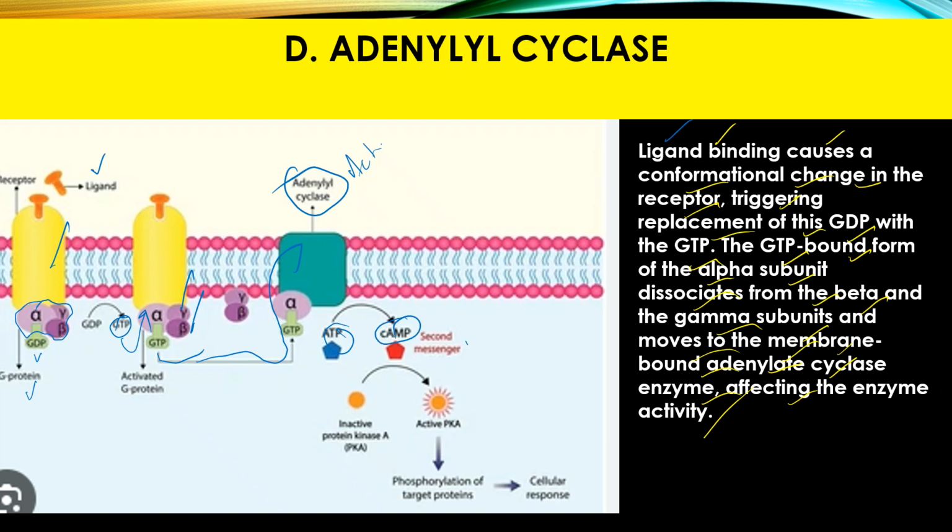Cyclic AMP is our second messenger. It will activate the protein kinase A enzyme, which attaches a phosphate to an already present protein in the cell, and now this protein is phosphorylated and the enzyme is activated and the cellular response will occur.